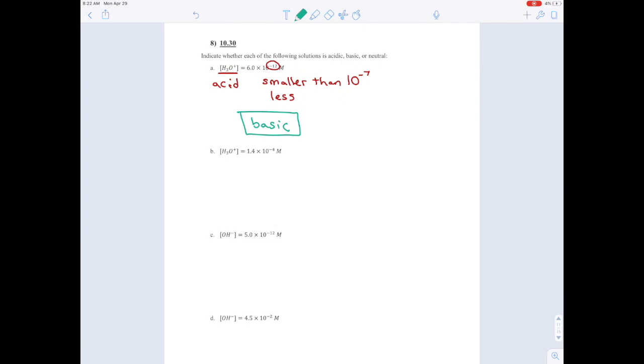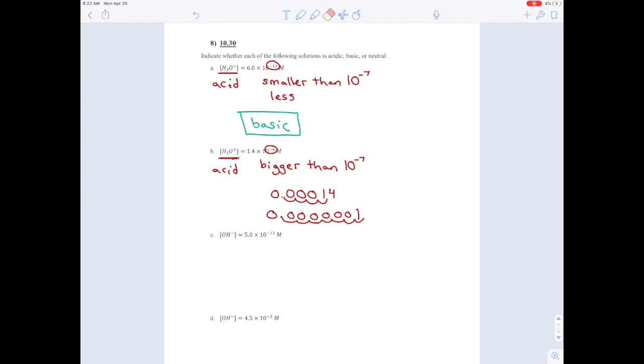For B, first thing you want to ask, are they giving us an acid or a base? They give us H3O+, which is an acid. Next, is the number they're giving us bigger or smaller than 10 to the negative 7? They have 10 to the negative 4, so we have fewer zeros in front of this number, which means it's going to be bigger than 10 to the negative 7, right? Because 1, 2, 3, 4 is bigger than 1, 2, 3, 4, 5, 6, 7.